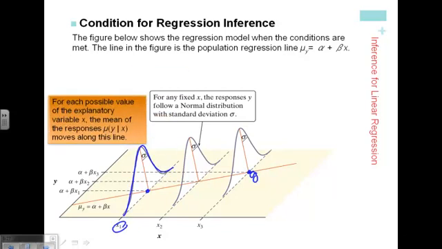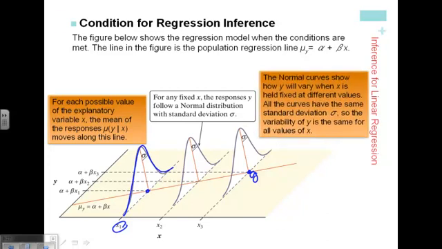Okay, so for each possible value of the explanatory variable X, the mean of the Y values ends up being on the line of best fit. Okay, and again, the normal distribution shows how those Y values may vary.